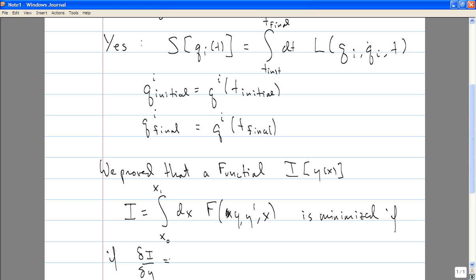This quantity is known as the functional derivative of the functional I with respect to the function y, and it is given by the derivative of f with respect to y minus d by dx of the derivative of f with respect to y prime.